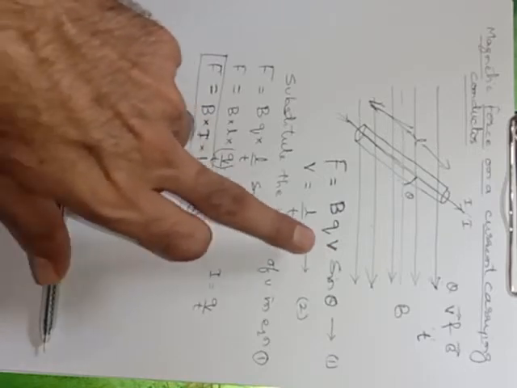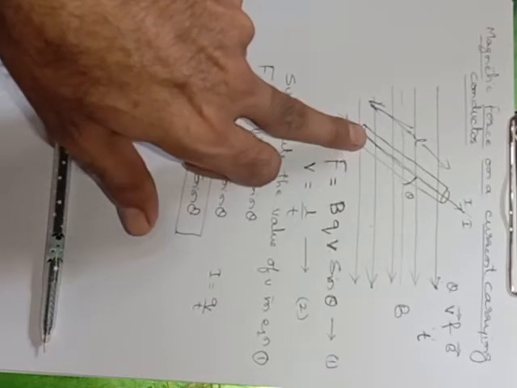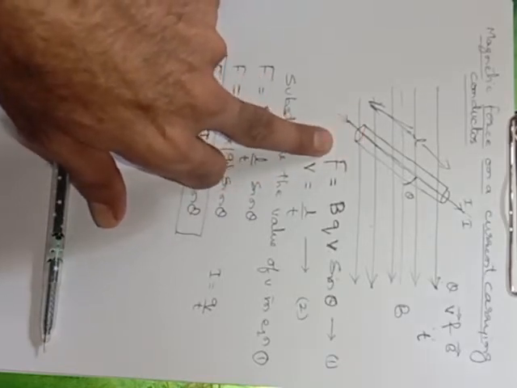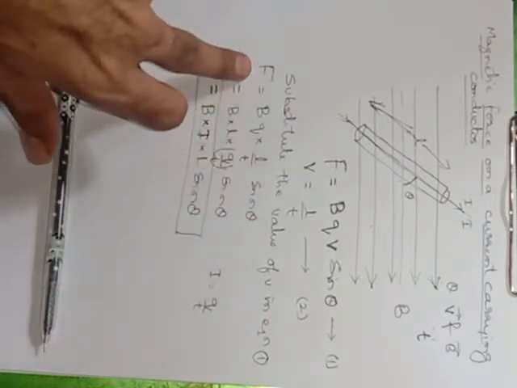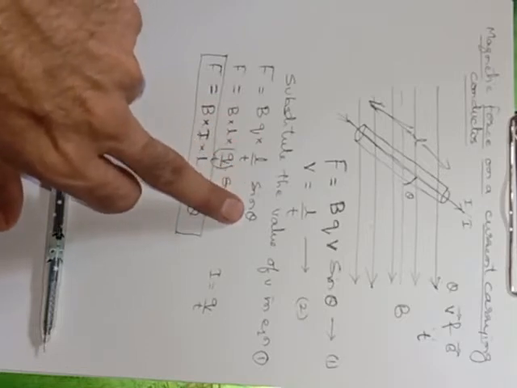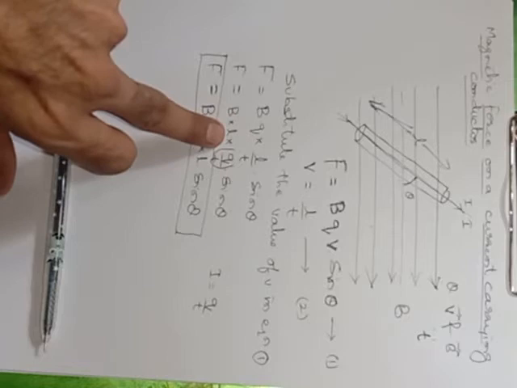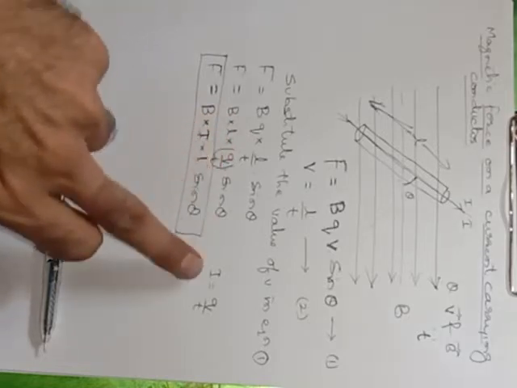So, what we will do? Substitute the value of V in equation 1, what will we get? F is equal to B Q L by T into sin theta. Now we have just rearranged the terms, B L Q by T. What is Q by T?